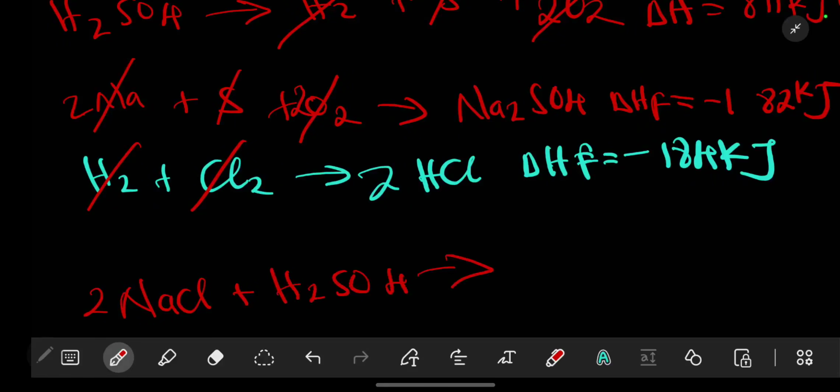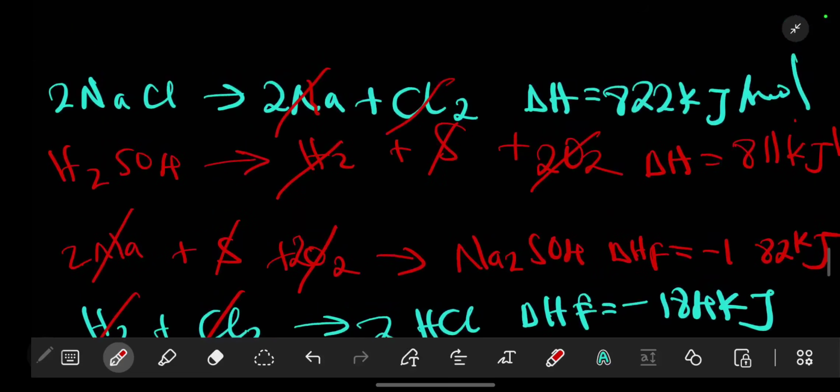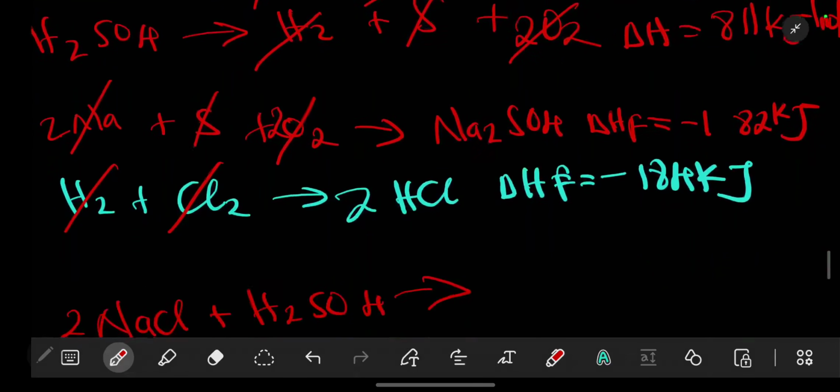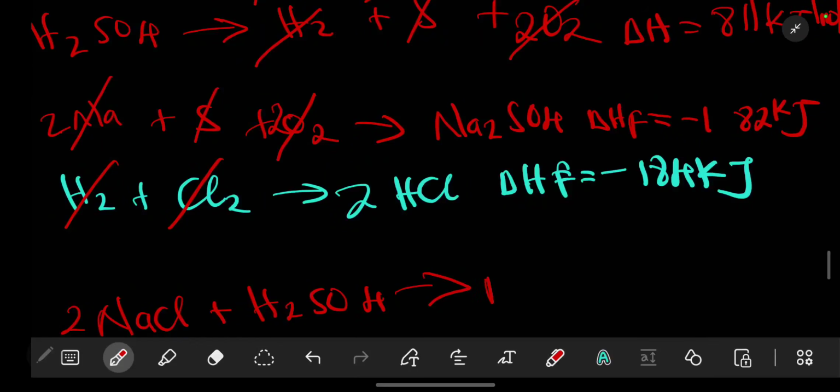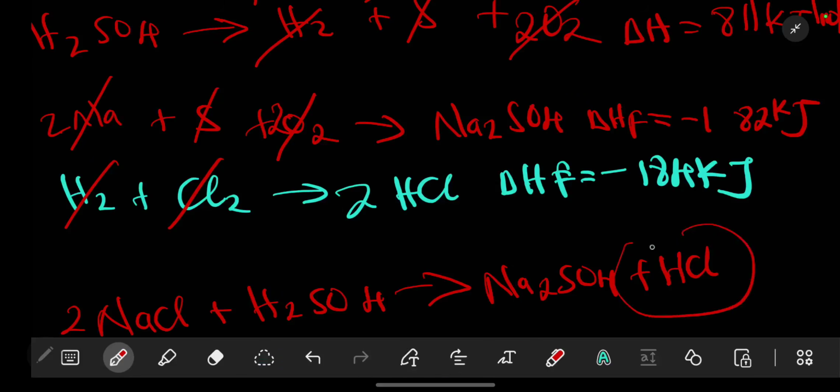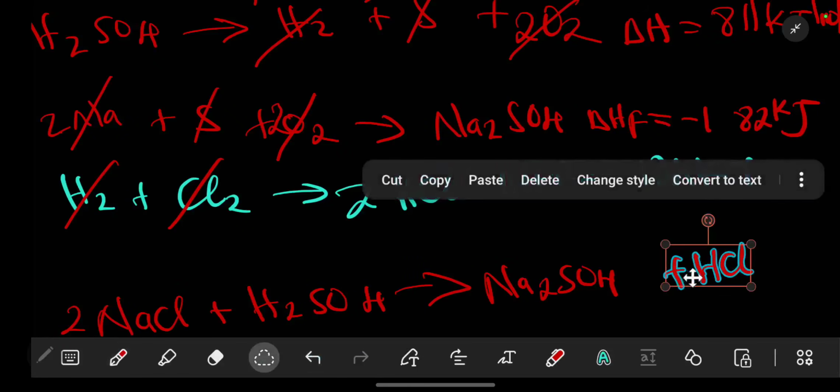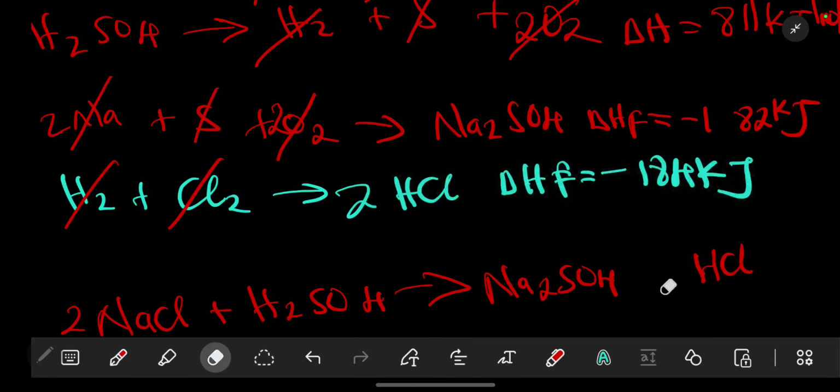This will become, the only remaining thing is our sodium sulfate plus our HCl, 2 moles of HCl for that matter.